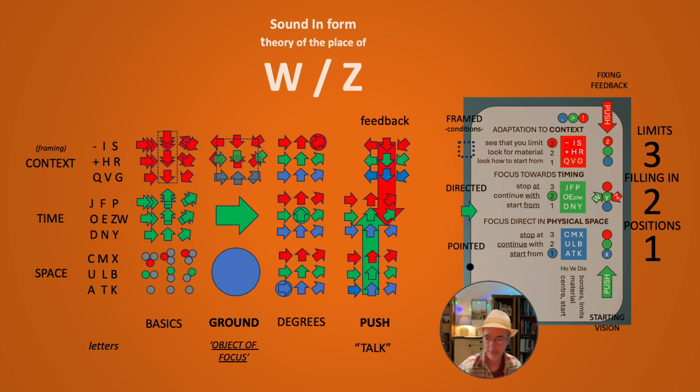So there is the region of 3 dimensions in space where we have points where we really see, okay, here it is. So those are the points that you see there from ATK to C and up until CMX, into a frame. That's our foundation, a frame which is our object of focus. When we see changes, we look more at the directions.